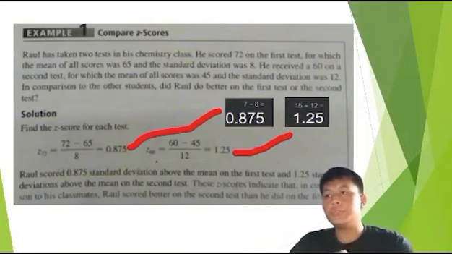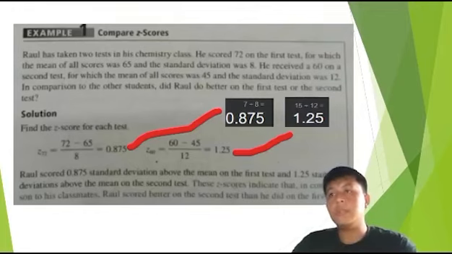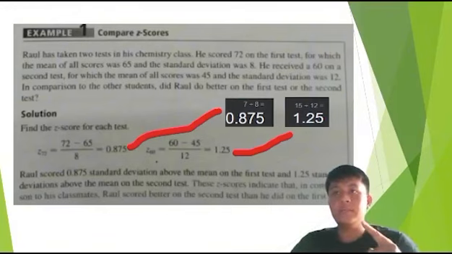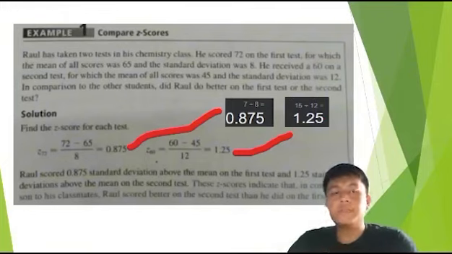Nandito ang solution. Z stands for z-score. Ang z-score dito is 72 minus 65. Ang 72 dito is the individual point you want to measure, 65 stands for mu.